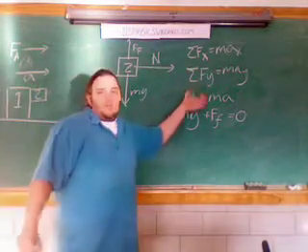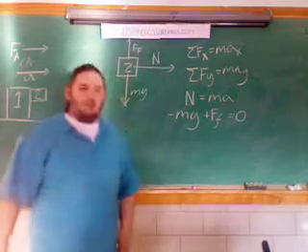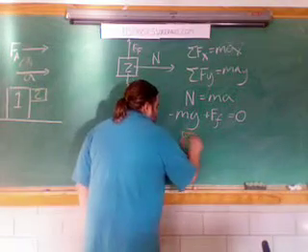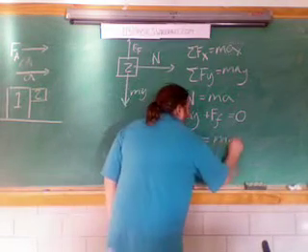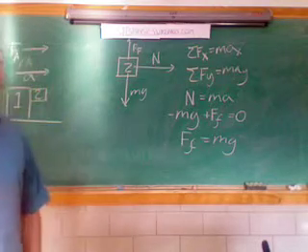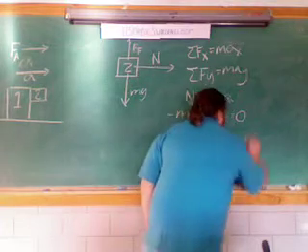Okay? So real quickly, we can see that the force of friction has to be equal to the weight of the object. Cool? Now, the equation for the force of friction, that's the coefficient, and in this case it's static, because there is no motion, times the normal.